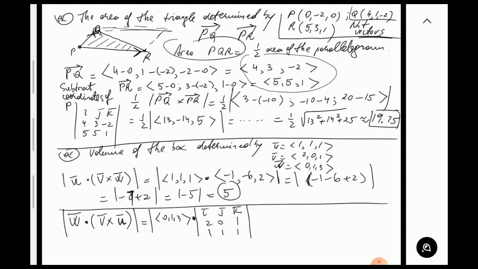So imagine you have something like this, 0, 1, 3 dot something times i, plus something times j, plus something times k.